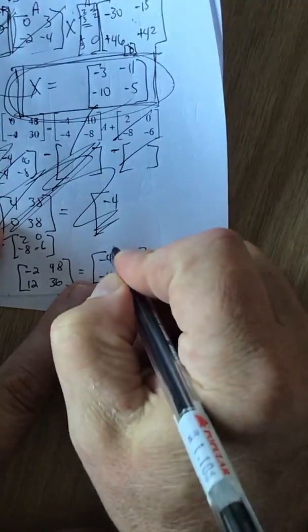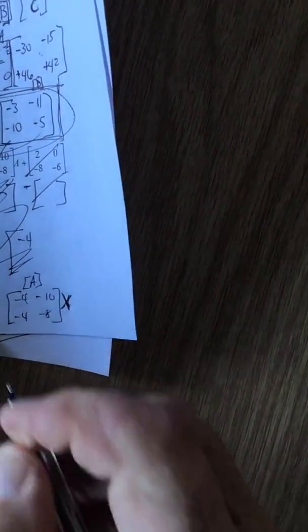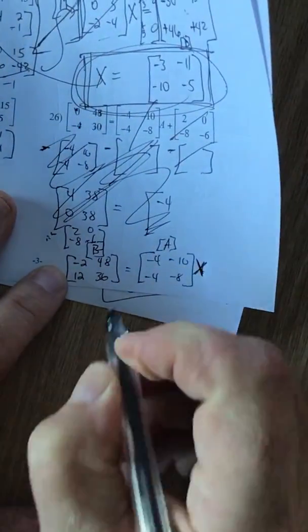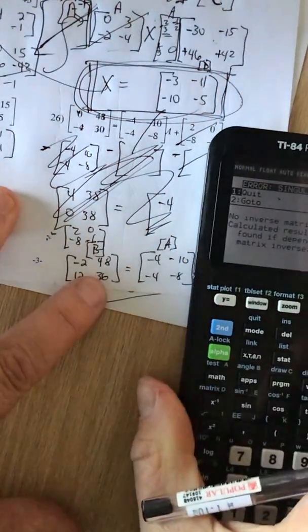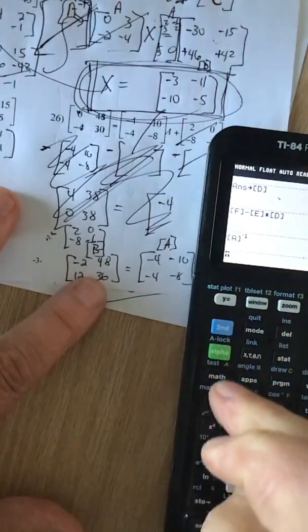Now I don't like calling this one A because I'm going to call this one A. I'm going to put that in matrix A. So really I'm going to put this one in matrix B. So I'm going to put that in A and that in B. Okay, so I'm going to take a quick second and just do that.